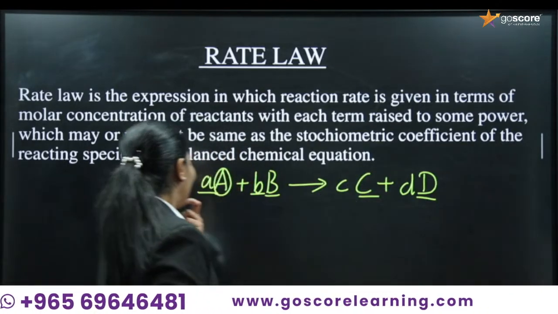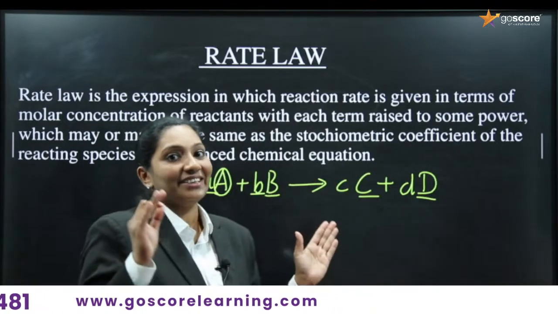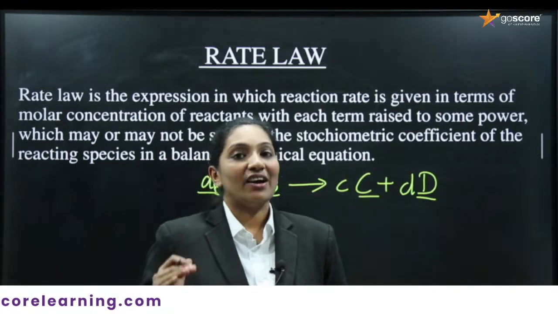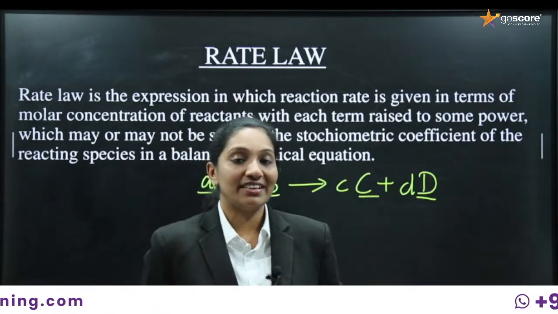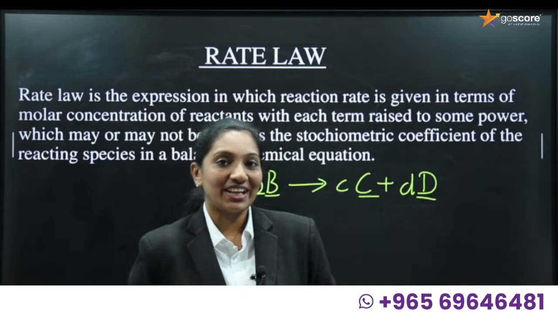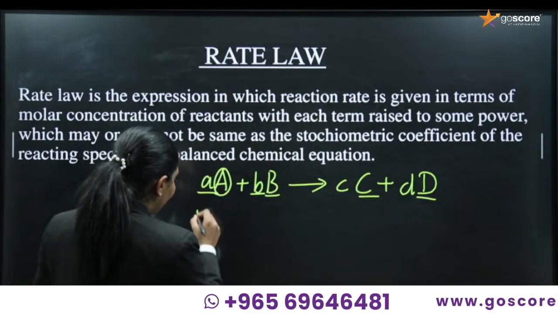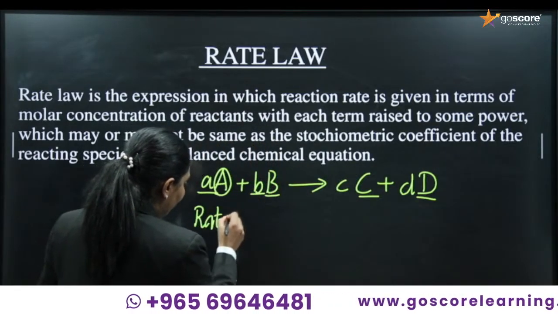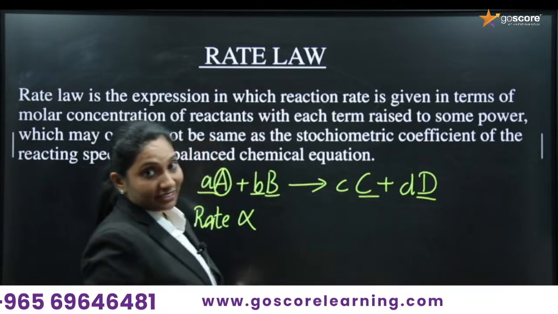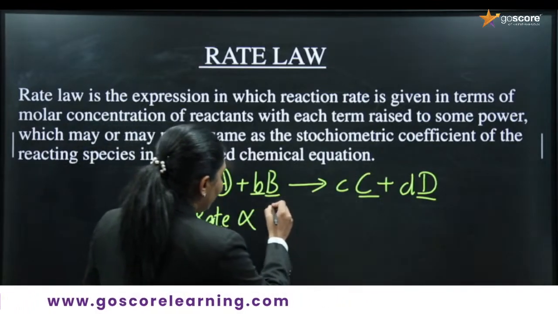Okay. So, we have learned that the concentration of reactant is the main factor that influences the rate of reaction. Whenever there is an increase in the concentration of reactant, the reaction rate also increases. So, we can say that the rate of reaction is directly proportional to concentration of reactant. How will we write the concentration?